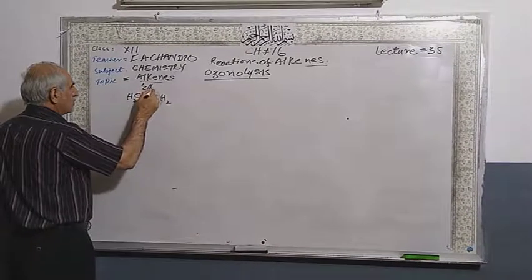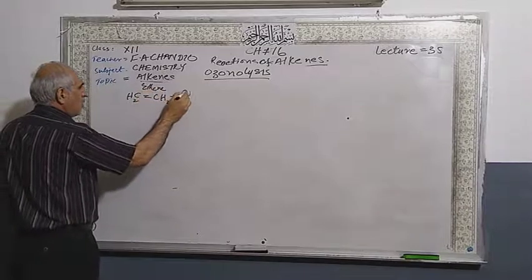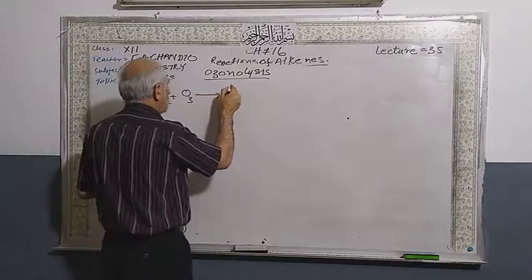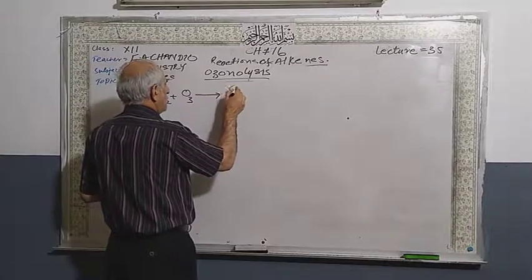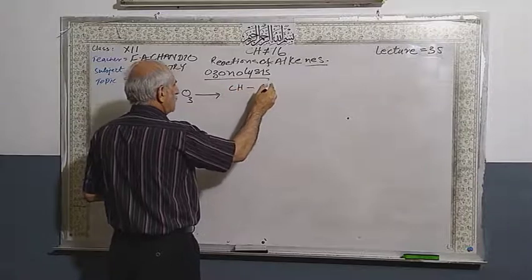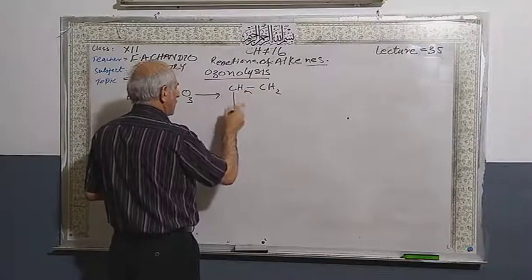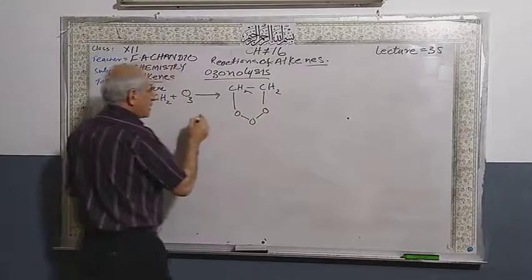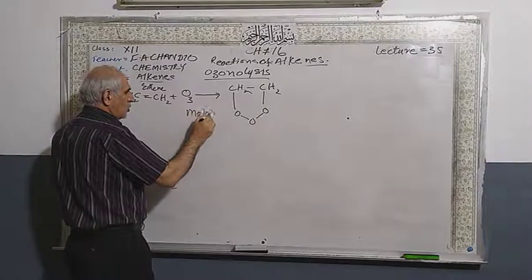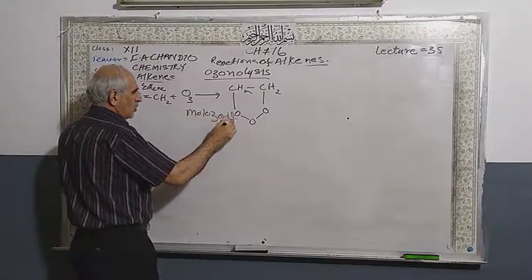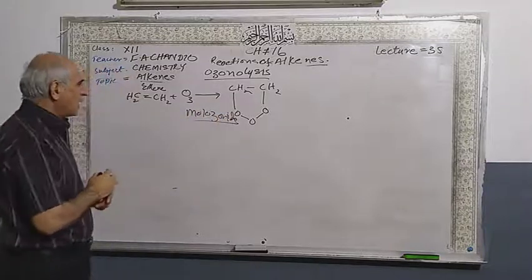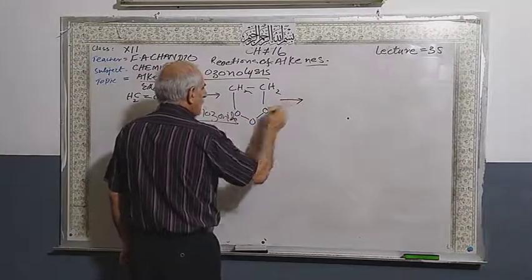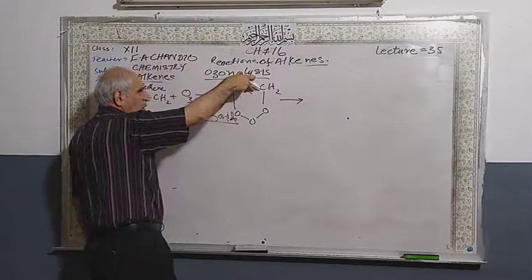Ethene plus ozone forms molozonide. This is called molozonide. It is unstable. There will be a rearrangement: this oxygen will go here, and this bond is broken.